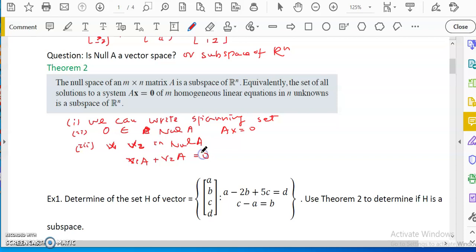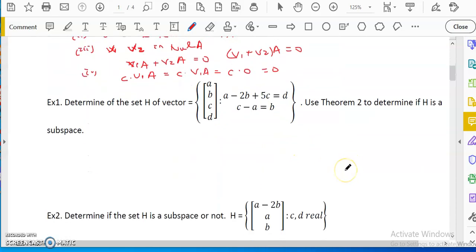So A times (v1 plus v2) would equal 0, right? And lastly, if I have a constant c multiplied by v1, would it be in the null space? It would be c times Av1, which is equal to c times 0, so it's 0. So this shows that it is a subspace.